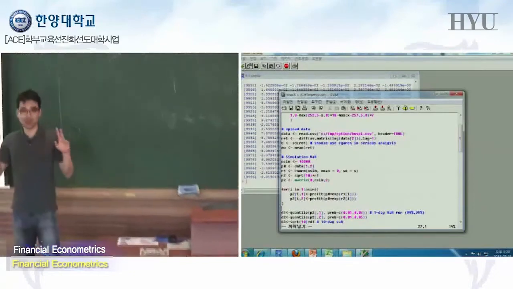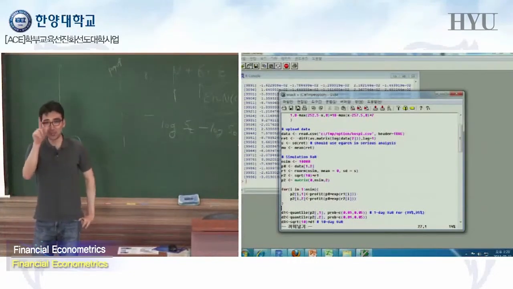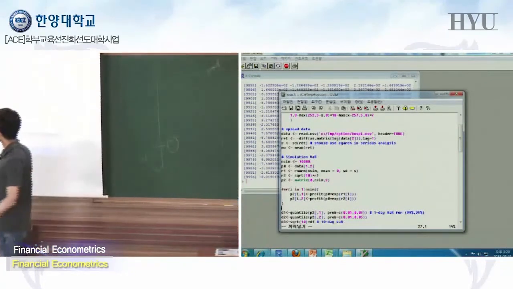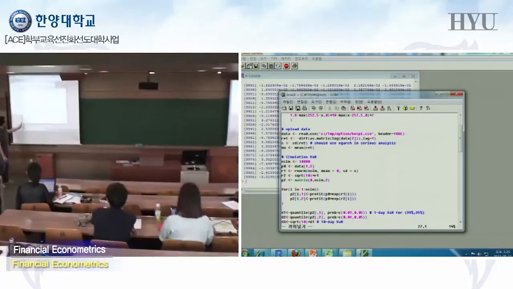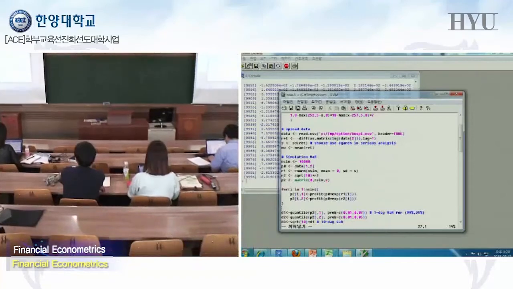First, I set a dummy matrix such that P2 is filled with 0. It is a matrix filled with 0, the number of rows is 10,000, and it has 2 columns. And then I fill each P2 with the profit.